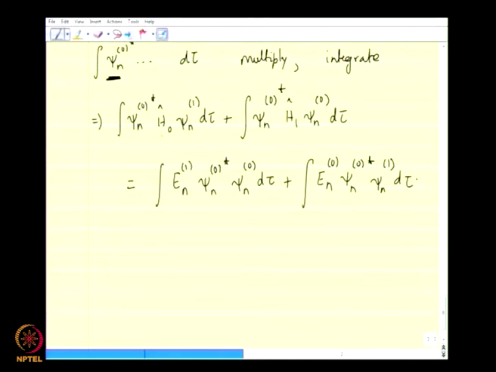The H0 can act on the right to give you whatever the energy is, but we do not know the function on the right. But H0 can also act on the wave function to the left, because the Hamiltonian is Hermitian.